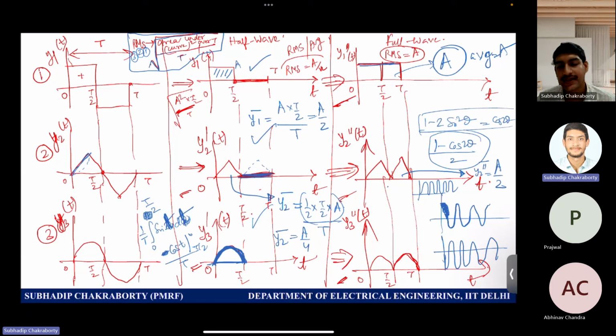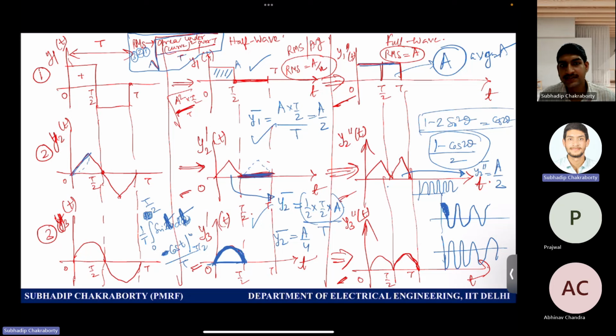What is the RMS, what is the area under the square of the signal if it is triangular? Any idea? Yes, please.